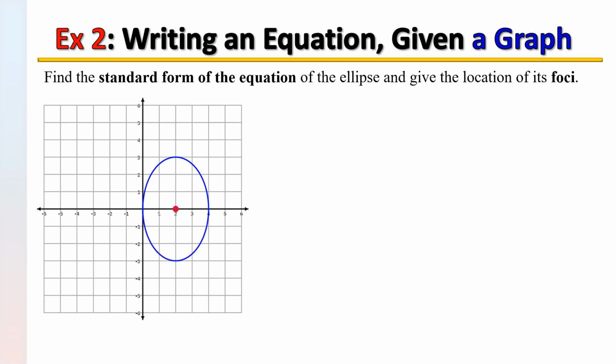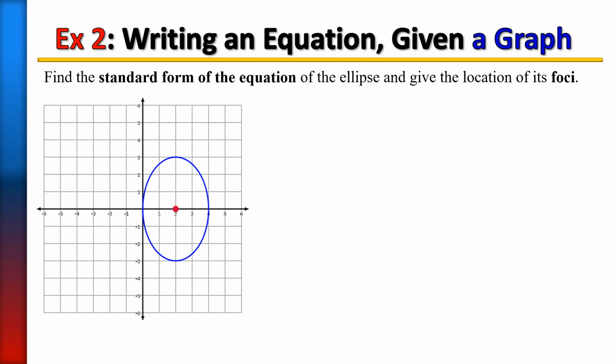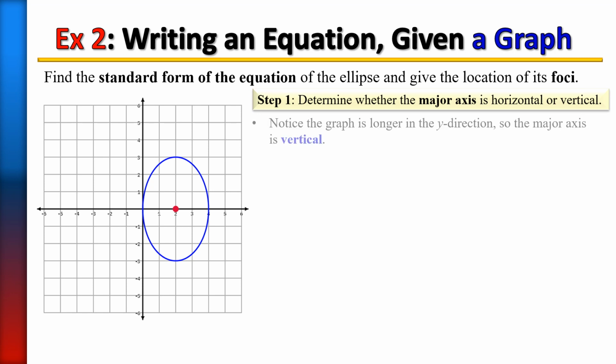In this example, we're asked to find the standard form of an equation of an ellipse and give the location of its foci. So if you look at this particular graph, notice that it is elongated along the y, which means that this is going to be a vertical major axis. And the other thing we know is that when you write it in standard form, underneath the y squared term is where you're going to have the larger number.